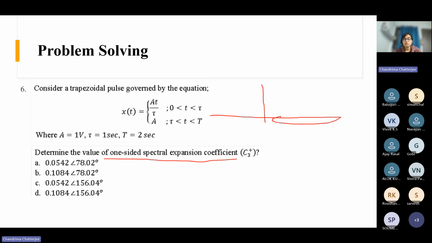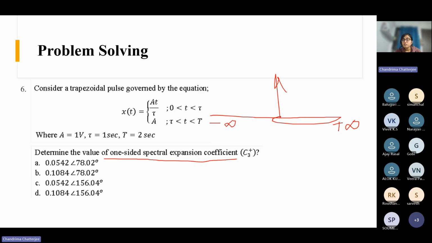Basically, suppose one signal can be expanded from minus infinity to plus infinity.